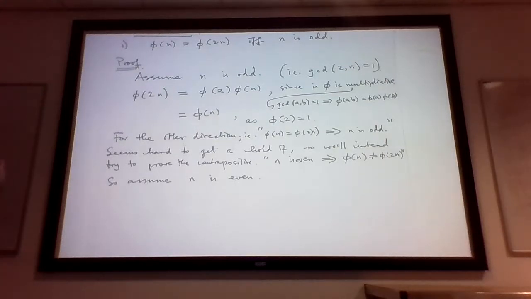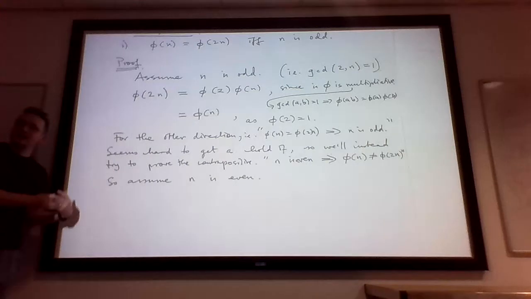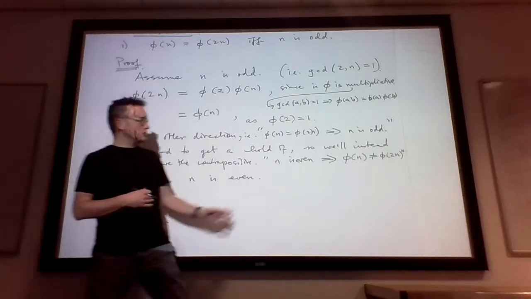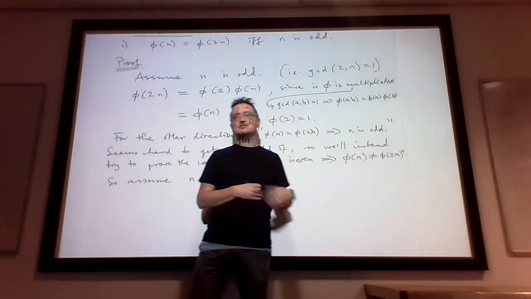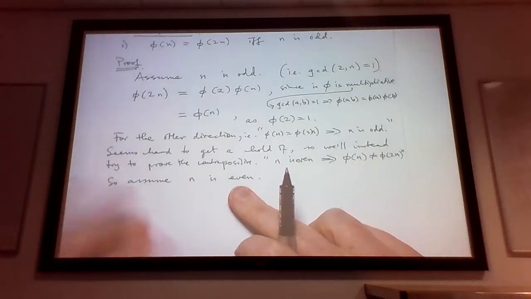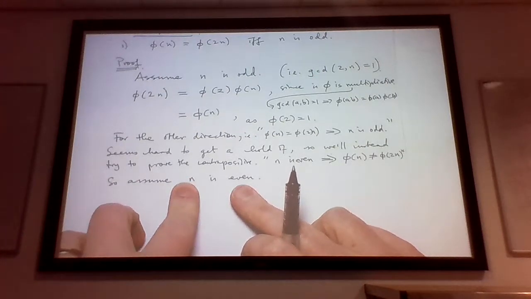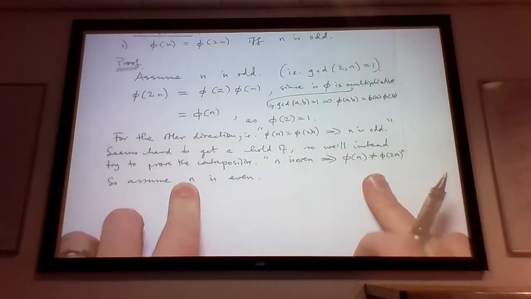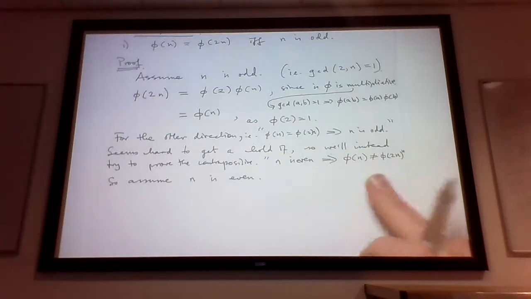We're always looking for ways to move forward, for ways to work with what we're given. We've got this n. We're trying to prove that these two phi values are not the same. But somebody's just told us that n is even. We've just assumed for ourselves that n is even. So we're trying to prove this implication: we assume the bit on the left, and we're trying to deduce the bit on the right. But what's just a natural instinct, without thinking?